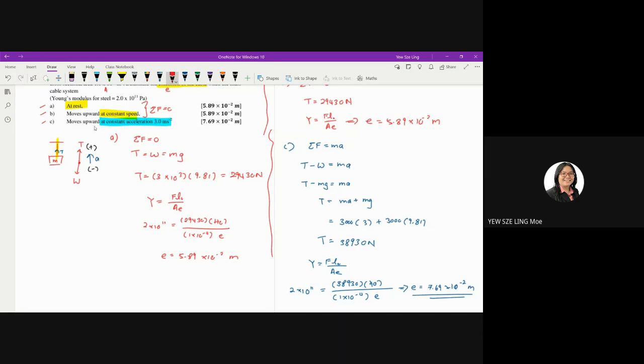Three different situations. So you need to know how to determine the tension in three different scenarios. So 2 minutes for you to write it down. Make sure to write down why the summation of F is equal to 0, why the summation of F is equal to ma, and how to determine the value of T, the tension.